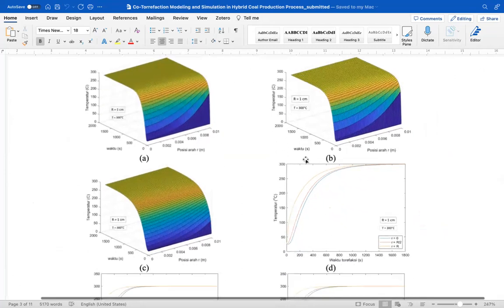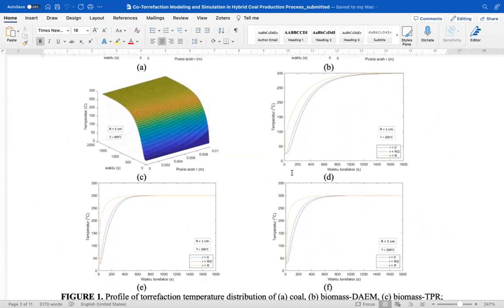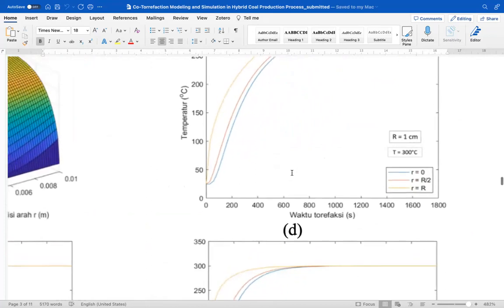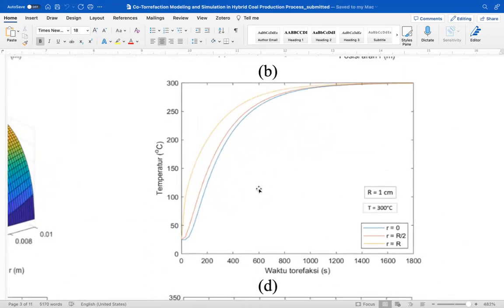This is also shown in 2 dimensions, and you'll see that it actually takes some time. For example, if we set the outside temperature to 300 degrees Celsius, at different radii, one in the center of the ball, one in the middle, and one on the surface, they have different temperatures.